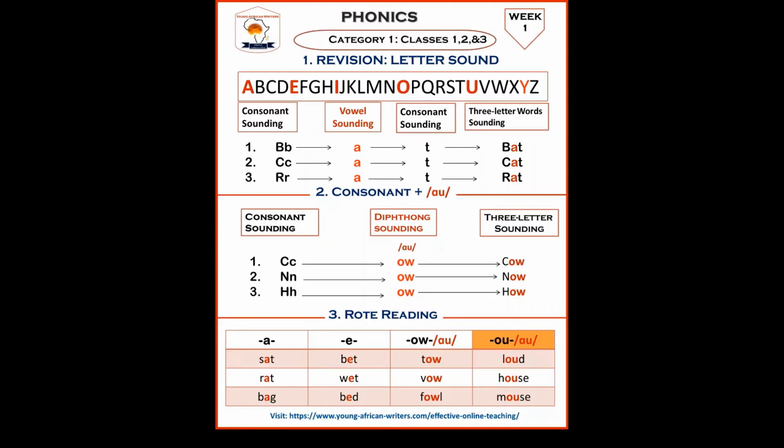1. Revision. Letter sounds. A, B, C, D, E, F, G, H, I, J, K, L, M, N, O, P, Q, R, S, T, U, V, W, X, Y, Z. Each of these sounds is taught patiently and carefully to our pupils.